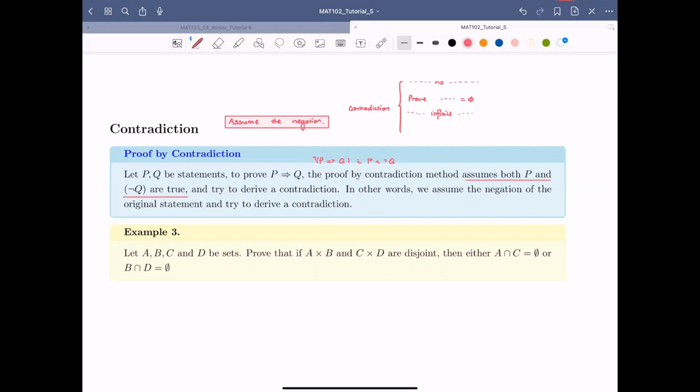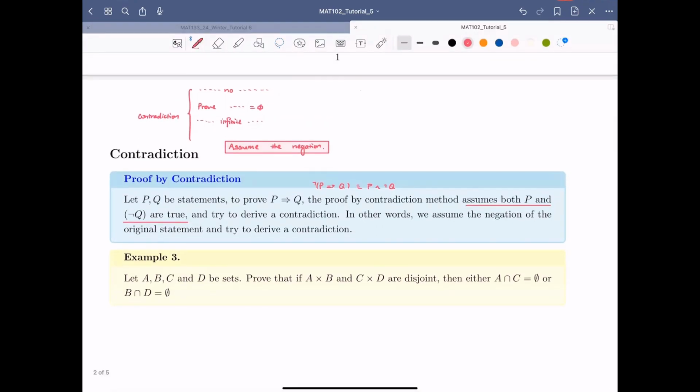I also want to talk about what the difference is between contradiction and contrapositive. They both work for an if-then statement. For contrapositive, your assumption is not Q. For contradiction, your assumption is not just not Q, it's P and not Q. You have an extra term here.